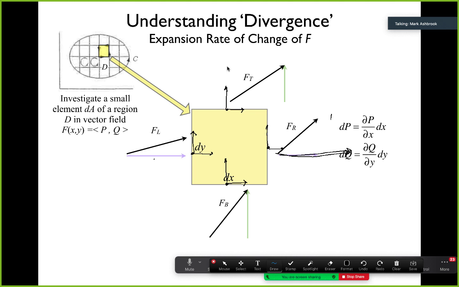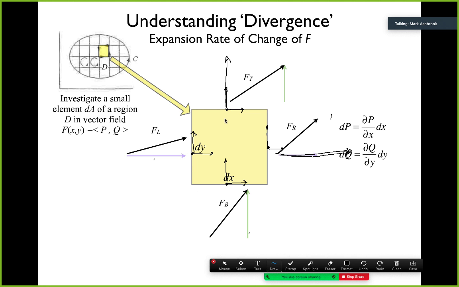And likewise, for a positive change in y, if you get a positive change in Q, that's going to indicate expansion. So positive divergence is indicating expansion at that point. It's a point-wise phenomenon. Negative divergence is indicating kind of compression, or things closing in on the point.